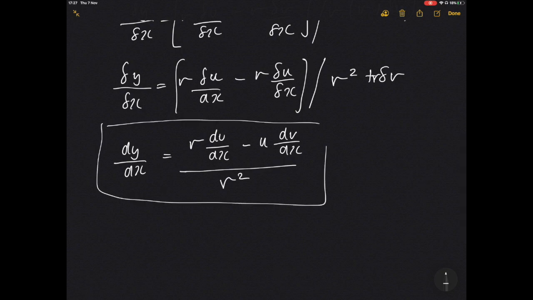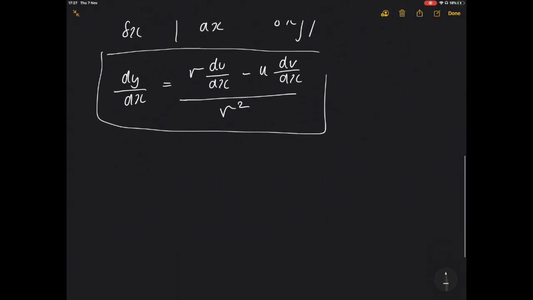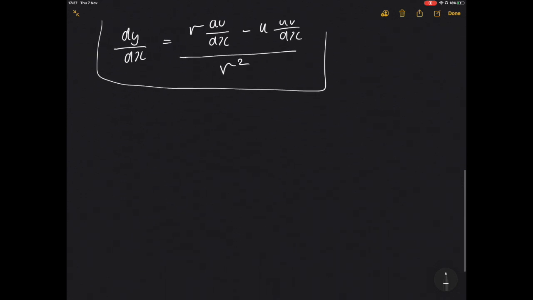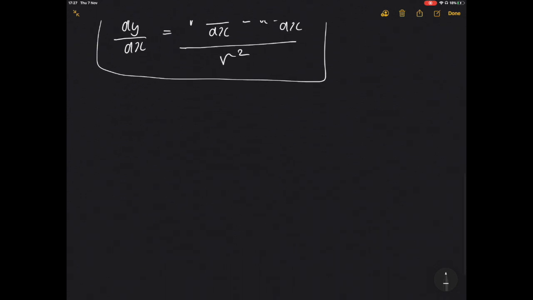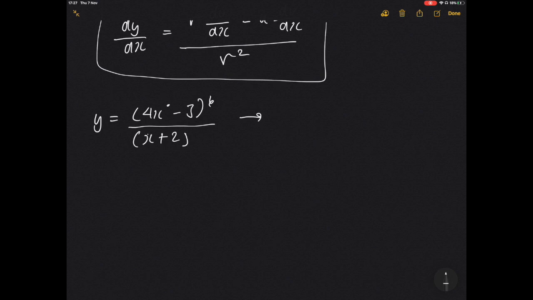So what we'll do now is we'll actually just show how it works with a quick example. So what we can say is, if we have an example of maybe something y equals (4x minus 3) to the power of 6, and we're dividing this by x plus 2, and we're asked to find dy by dx.